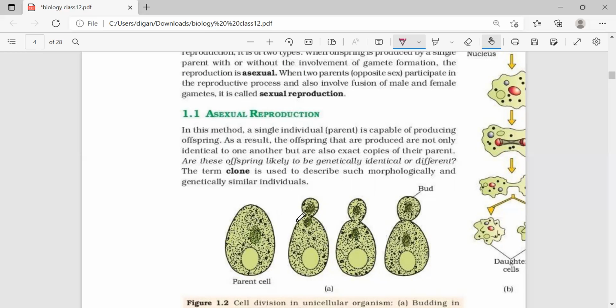The offspring produced from the parent are a Xerox copy of the parent, and that's why that type of offspring is known as a clone. It means the offspring which are exactly Xerox copies of their parents are known as clones. So the term clone is used only in case of asexual reproduction.